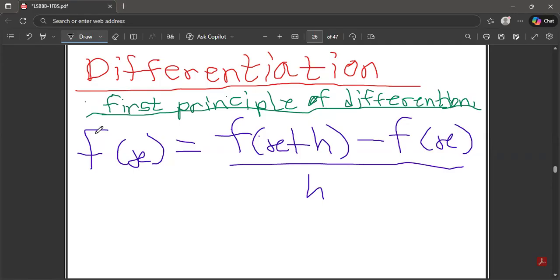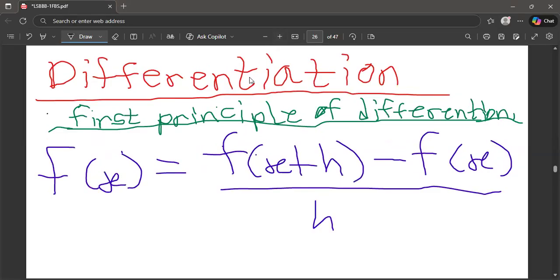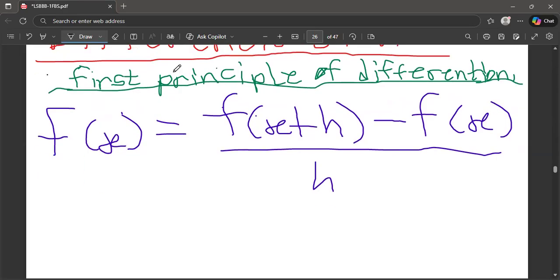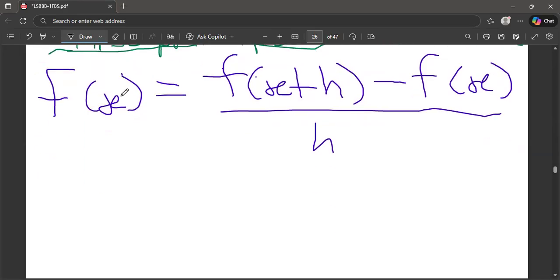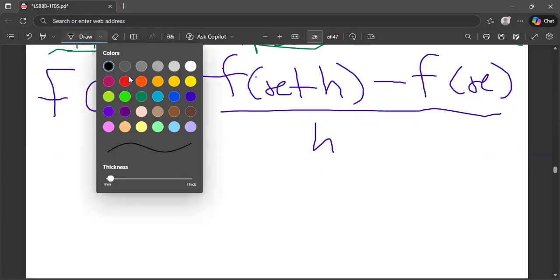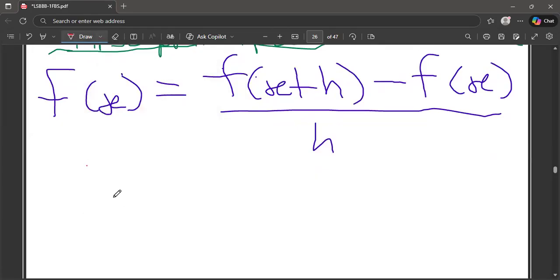It was developed independently by two mathematicians: Sir Isaac Newton of England, 1643 to 1727, and then the second is Gottfried Wilhelm Leibniz of Germany, 1646 to 1716. Thank you very much.